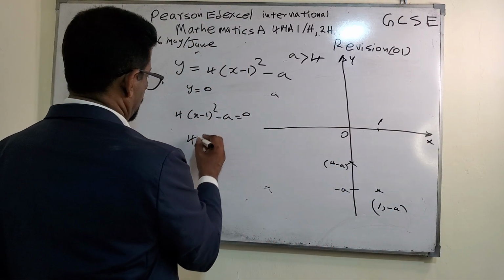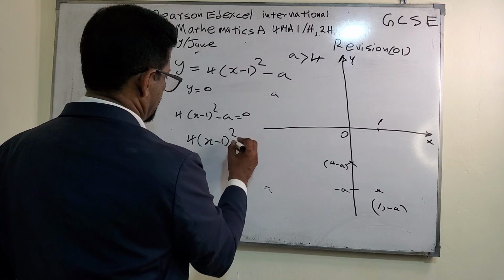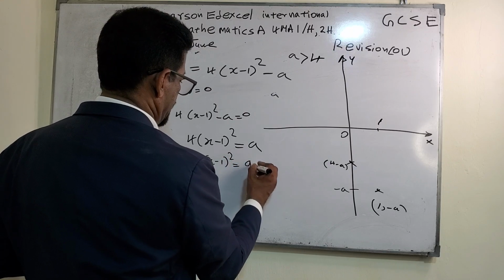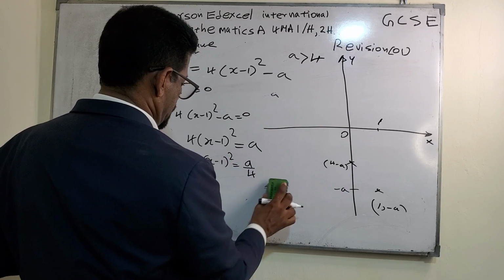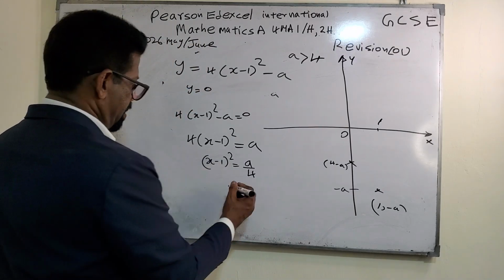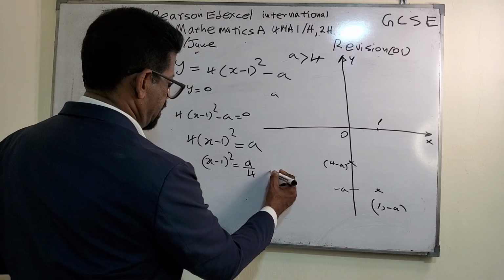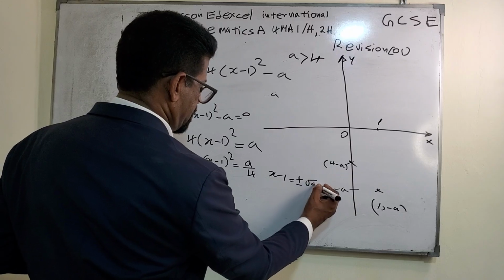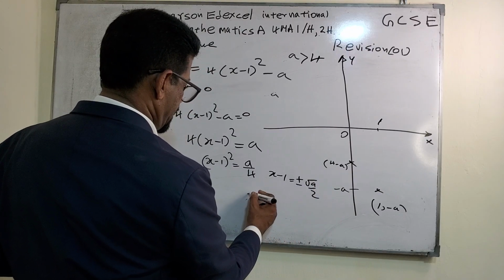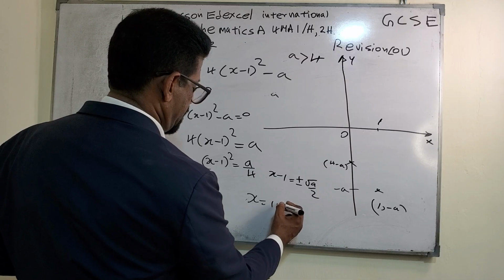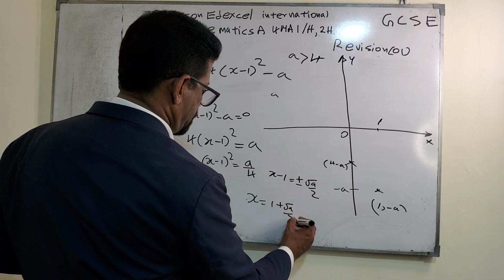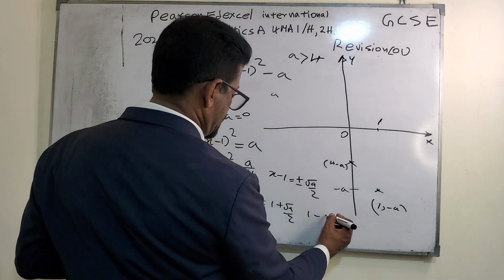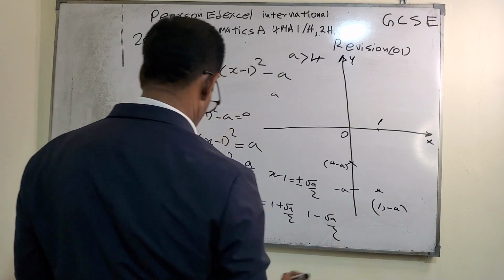So 4(x minus 1) squared equals a, and (x minus 1) squared equals a over 4. So x minus 1 equals plus or minus square root a over 2. So x equals 1 plus square root a over 2 and 1 minus square root a over 2.